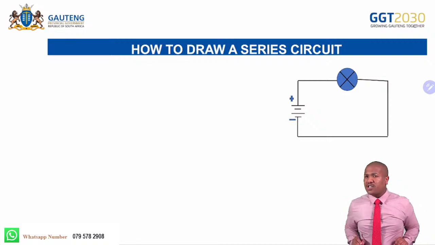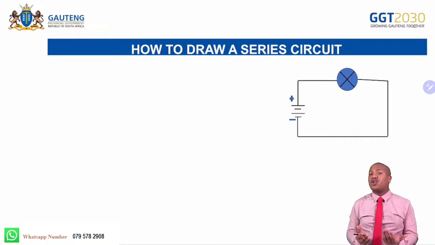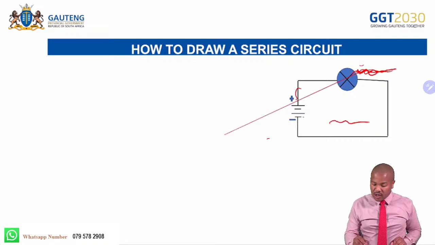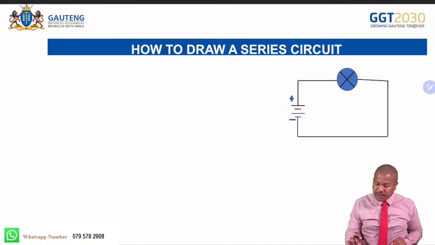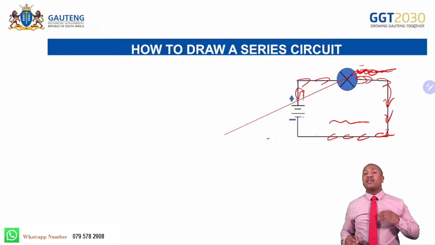But note this: it has a resistor and the main source of electricity. So electricity is able to pass through here, and it follows the conventional current route, from the positive terminal to the negative terminal of the battery.